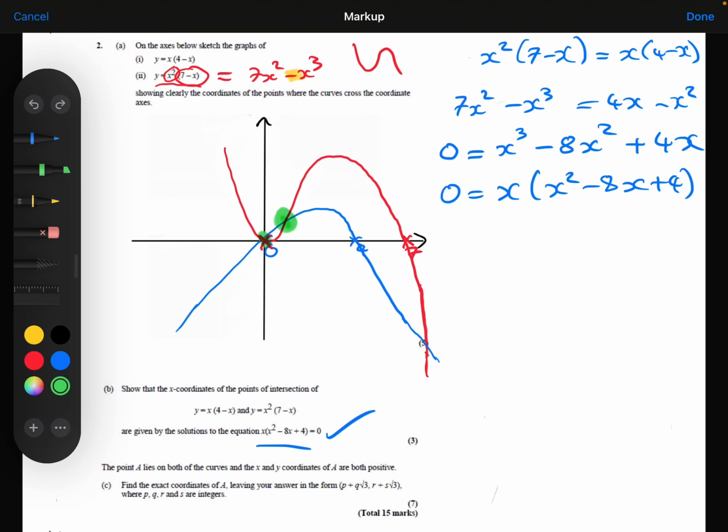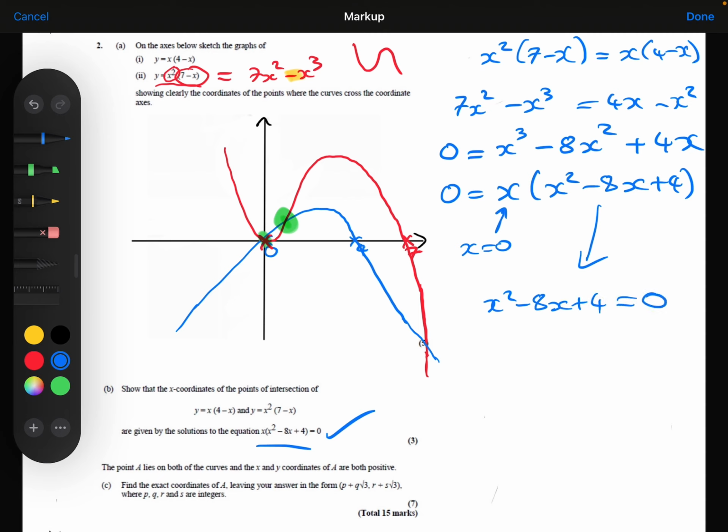So we're interested in this point here. Right, so the solutions to this equation would be either x equals 0 from here, which again we're not interested in because that's that point, or this quadratic could equal 0.